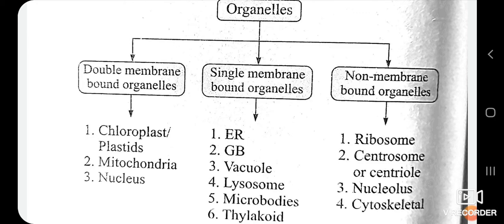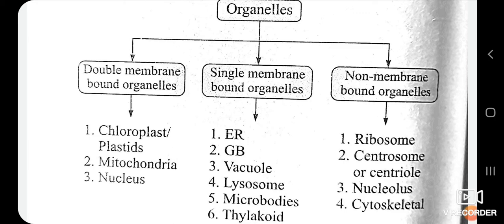Single membrane bound organelles, the organelles which have a single membrane: endoplasmic reticulum, ER, Golgi body, which we also call Golgi complex, vacuole, lysosome, microbodies and the thylakoid. Here students may get confused between the chloroplast and thylakoid.